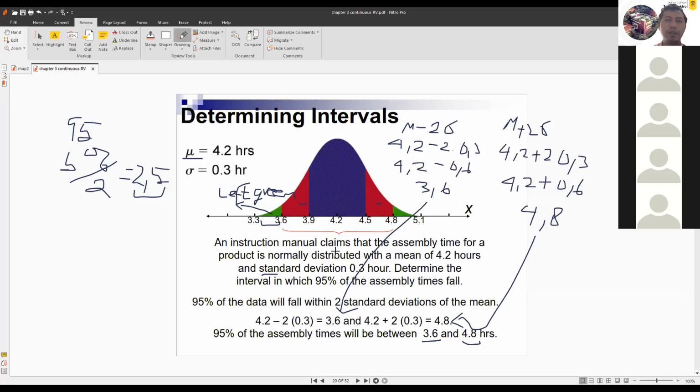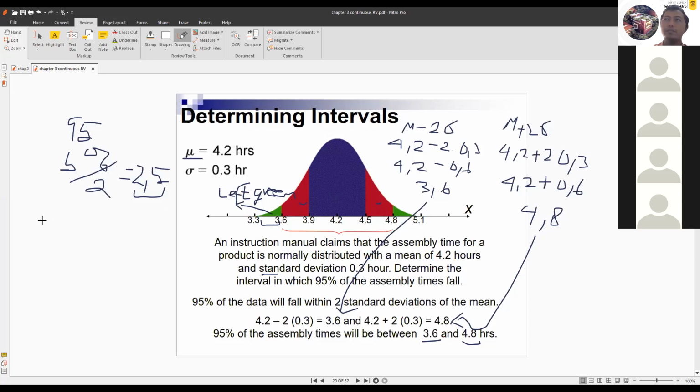Also, another way to compute the 2.5% is actually from integration.